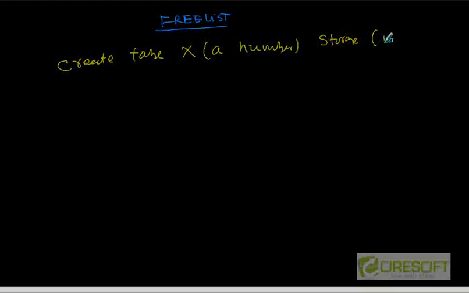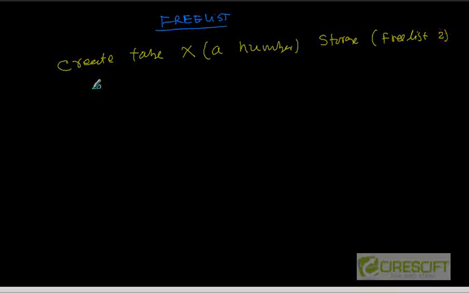For example, whenever you create a table, you give a command like create table X and a number. If you just give it like this, it will create one free list. If you want multiple free lists, you give storage free list is 2.